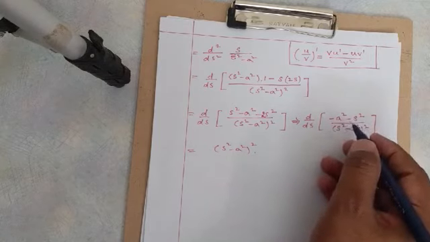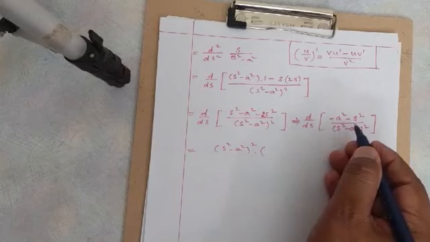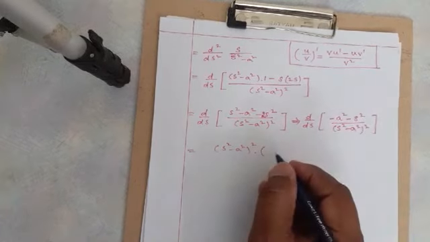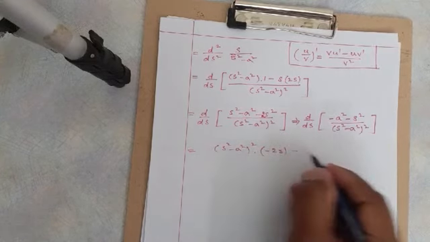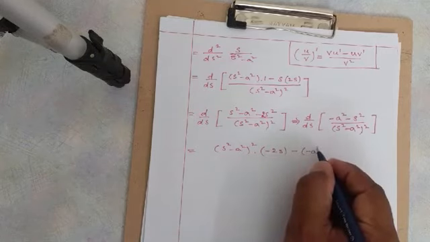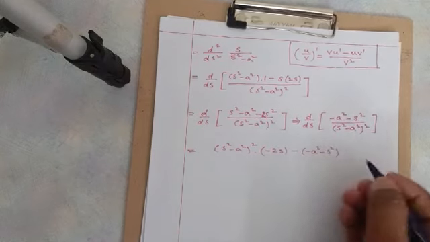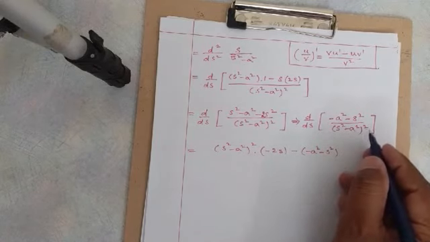When you differentiate this, first term you get 0, and if you differentiate s square, that becomes minus 2s. Then we have minus in the formula, u is minus a square minus s square, and then differentiate v, which is s square minus a square whole square.